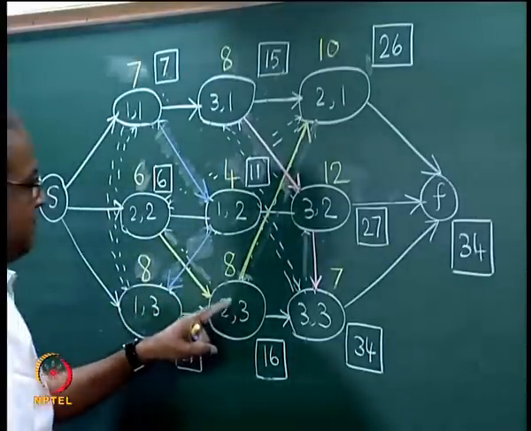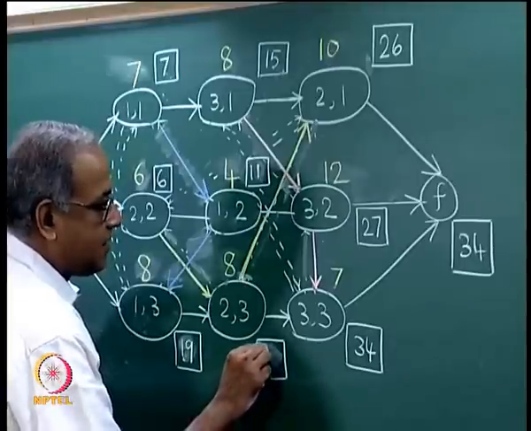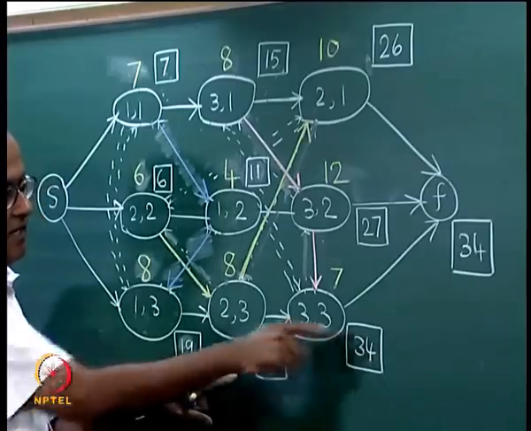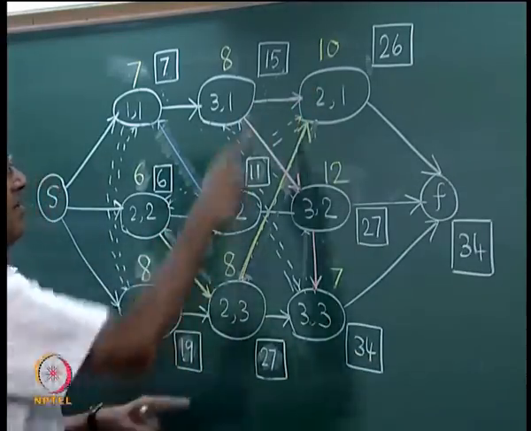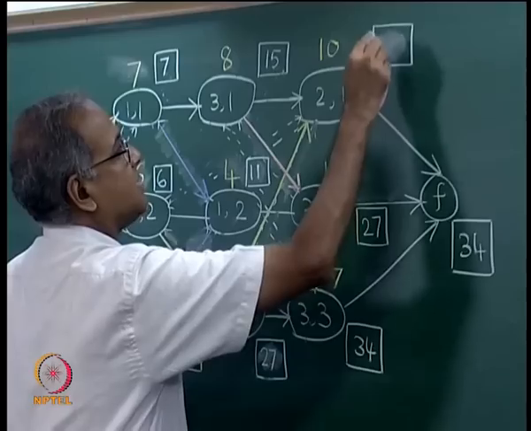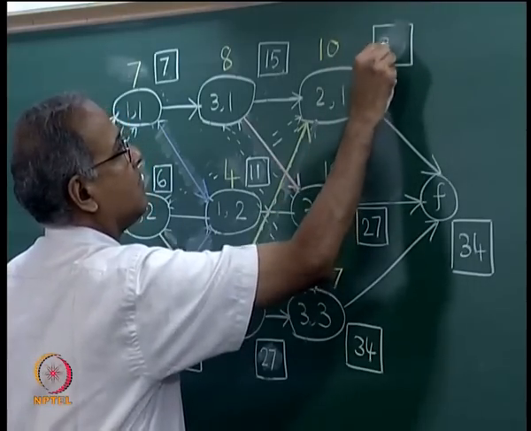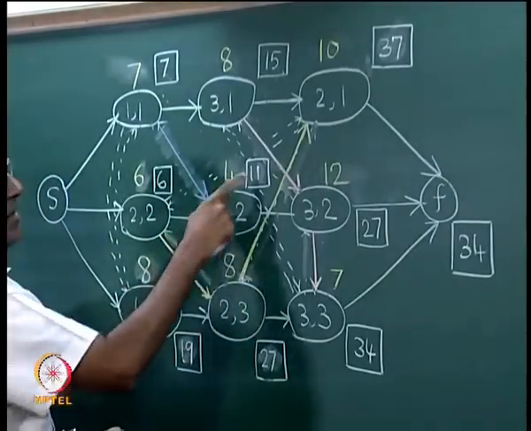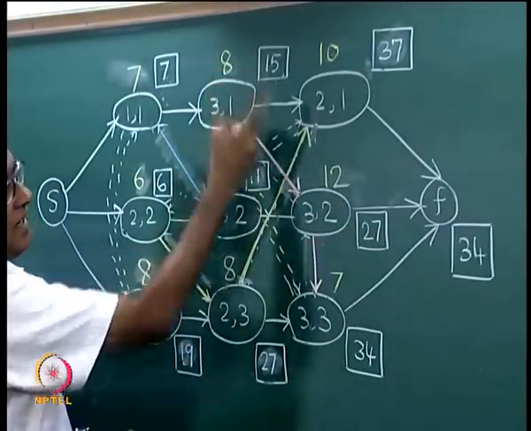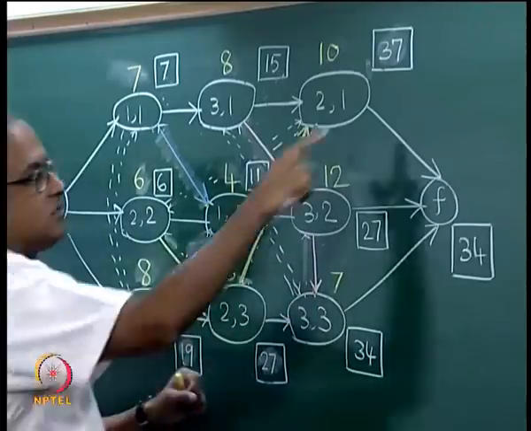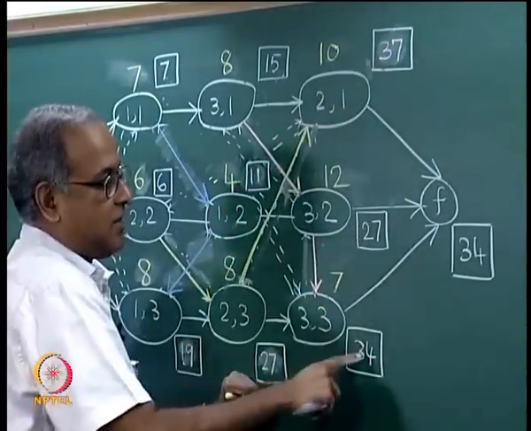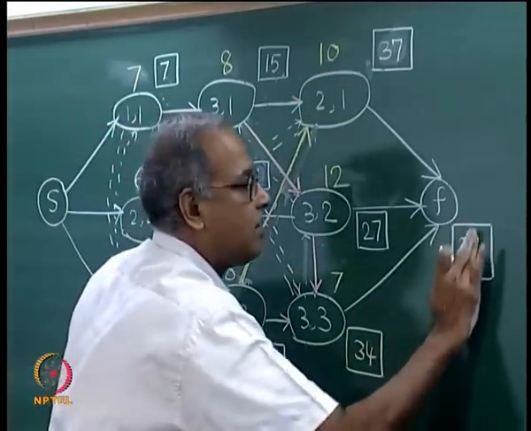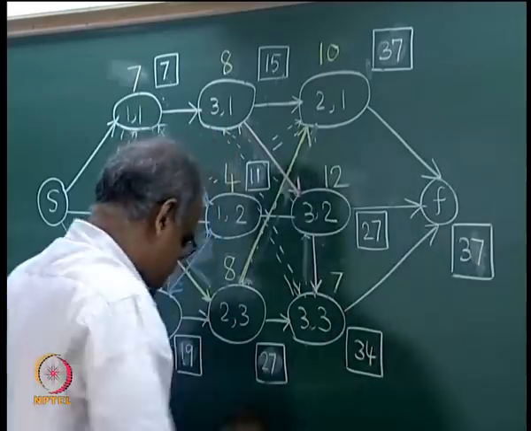So, this will become 19 plus 8, 27. 27 plus 7, 34, but 27 plus 10 will become 37 here. Now, this one will become 11 plus 12, 23, 15 plus 12, 27. So, finally, the longest duration will be the maximum of 37, 27 and 34, and we will get a solution with 37.